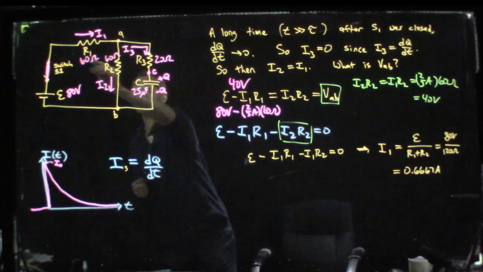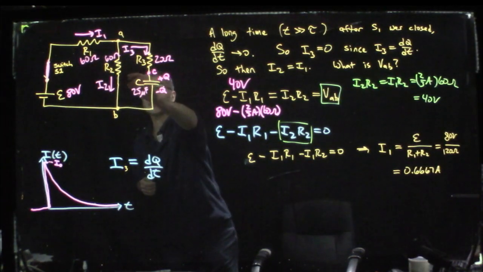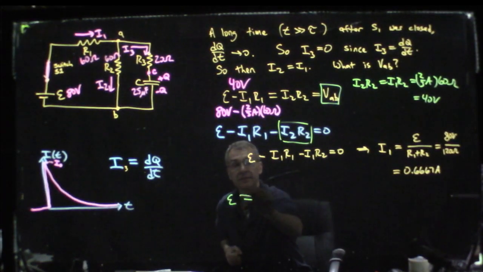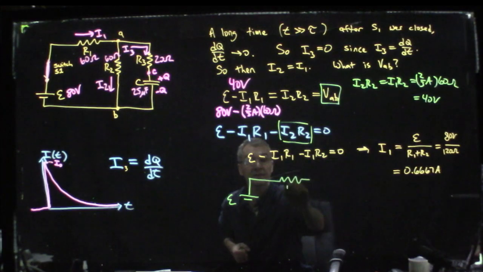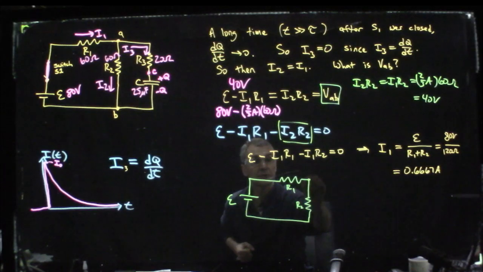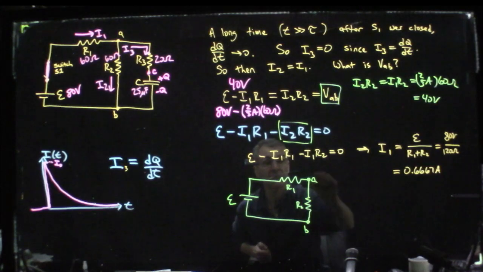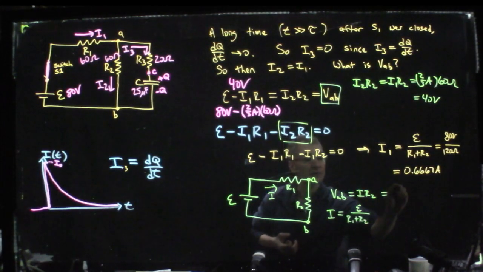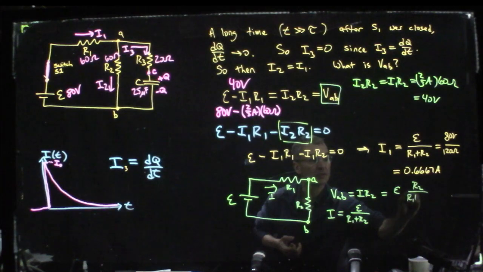If you have a circuit where all of the current flows through one resistor, and then all of that current flows through a second resistor, and there's no other path, like here: a battery, then R1, then R2. Call this point A, this point B. You want to know VAB. Here's the current I. So VAB equals I R2, and I is the battery EMF divided by R1 plus R2. So this equals the battery EMF times R2 over R1 plus R2.